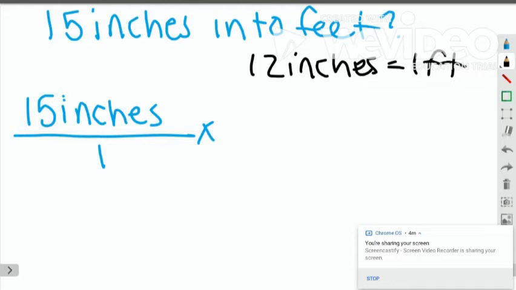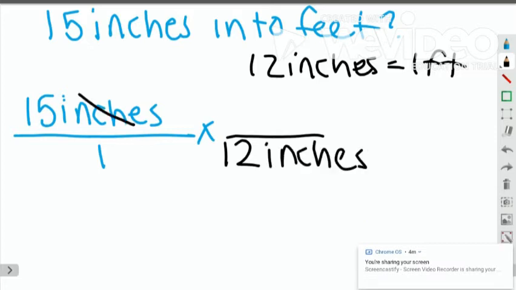And you saw equalities with the mole unit or the mole video yesterday. It said 1 mole equals blank atoms or molecules. So we're going to use those equalities just like we did at the beginning of the year in the units of measurement unit. So we would then place the 12 inches at the bottom so they could cancel out.